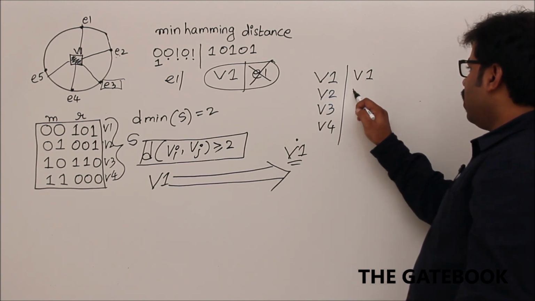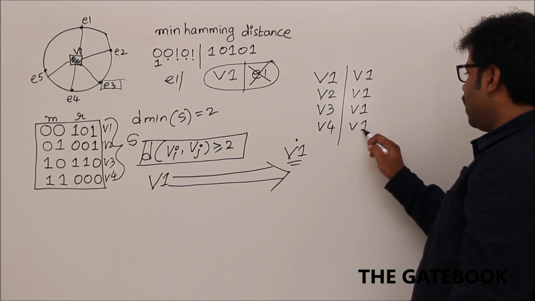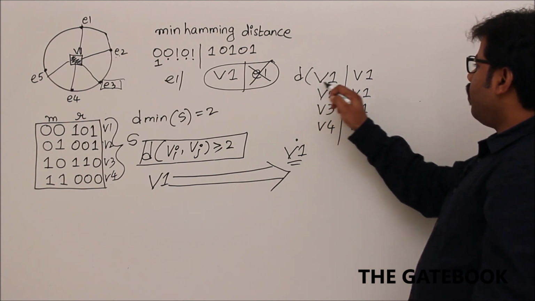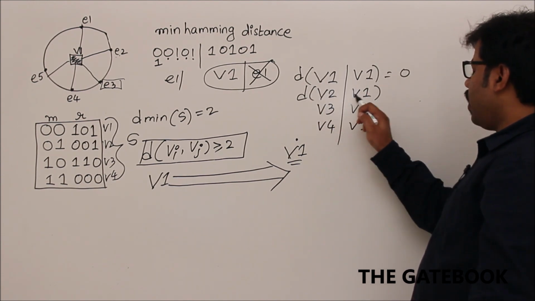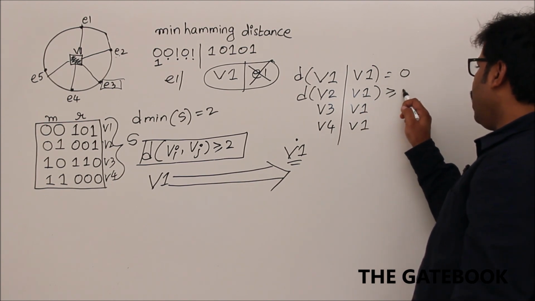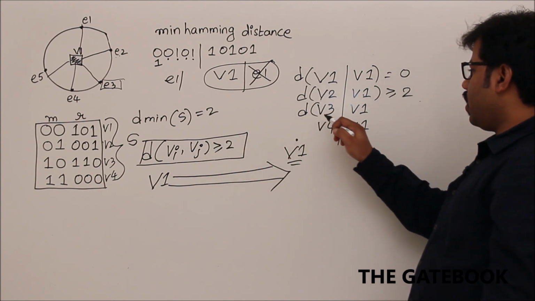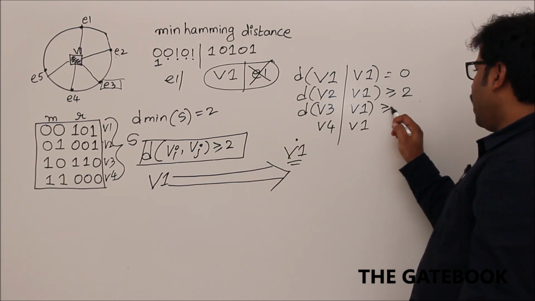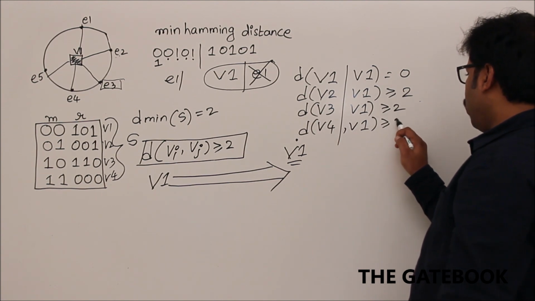Here, V2 and V1, V3 and V1, V4 and V1. Let's compute Hamming distances. So D of V1, V1 will be 0. D of V2, V1, because these are two different patterns, will definitely be greater than or equal to 2. We know this is a rule. D of V3, V1 will be greater than or equal to 2. D of V4, V1 will be greater than or equal to 2.